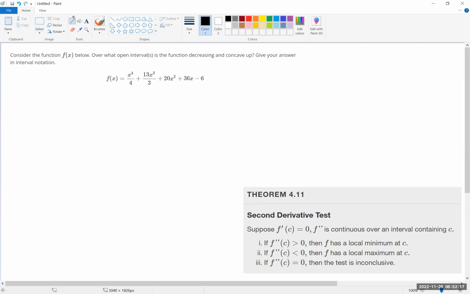We're going to use the first and second derivative test, and we'll use it this way. So we have to take the first derivative of the function. And we'll go ahead and simplify.